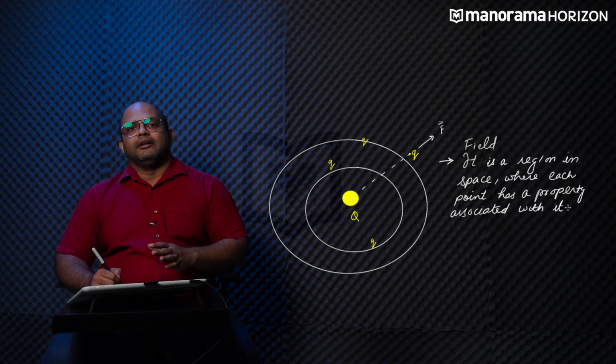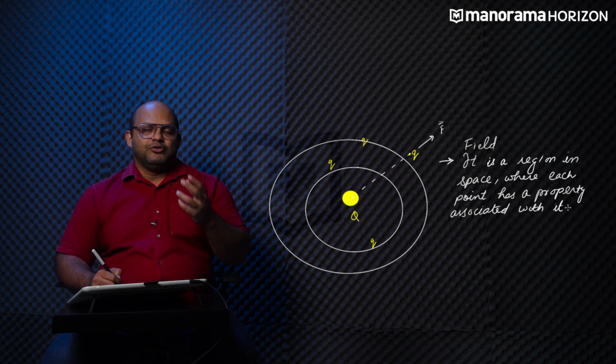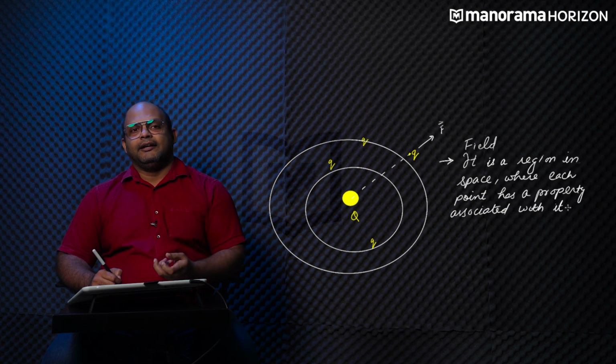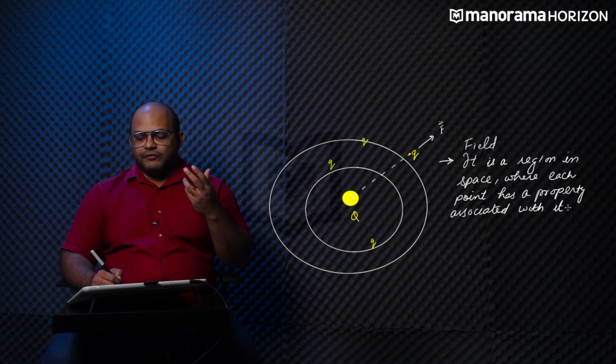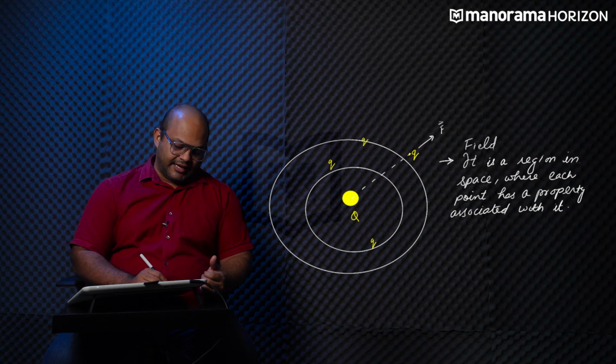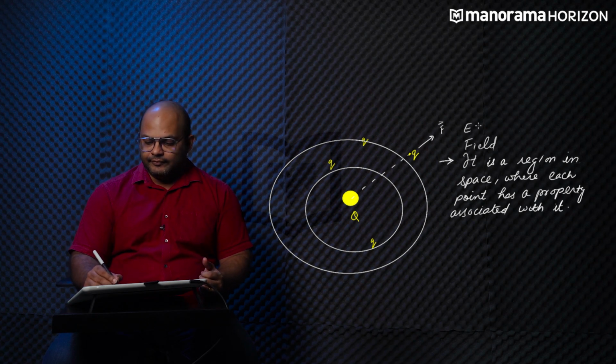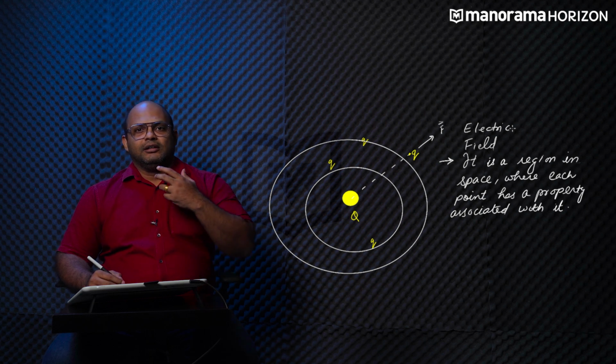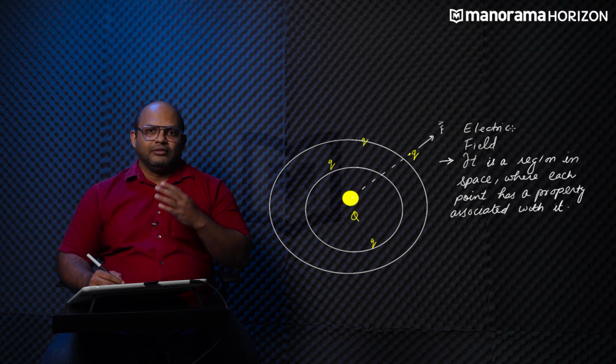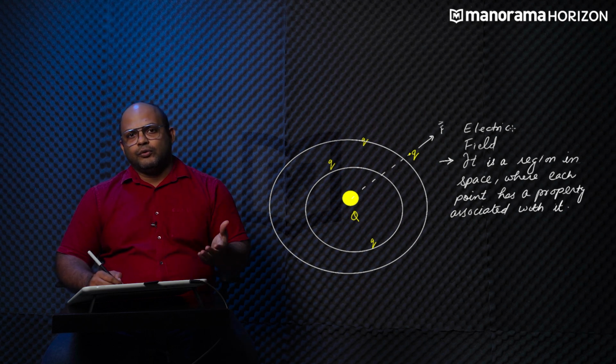But in this particular case, we are dealing with each of these points having a unique value of electrostatic force applied on the small charge q placed at that point, which is why this is also known as an electric field. In earlier days, this was known as the field of force or force lines or lines of force.